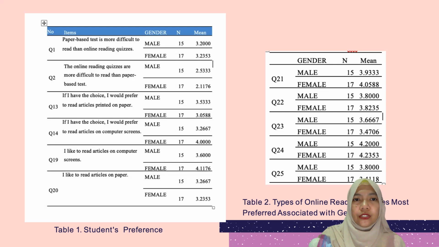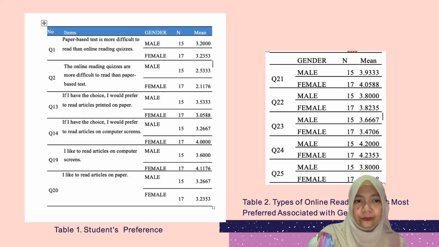We can see the result based on gender. The online reading quizzes are more difficult to read than paper-based tests. But if we compare with Q1, that paper-based test is more difficult, the highest score is in online reading quizzes. The students agree that the paper-based test is more difficult. Sorry, I mean the paper-based test has the highest score.